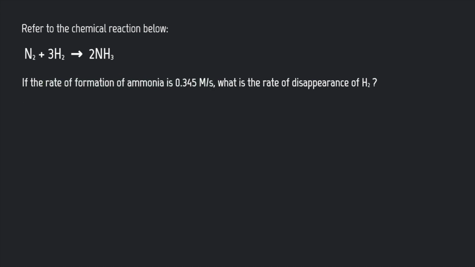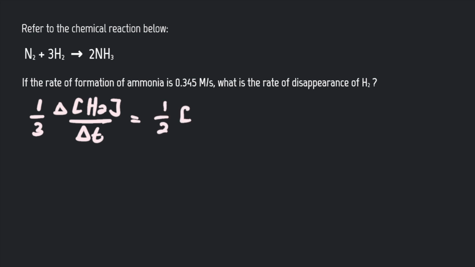So we can say that 1/3 delta concentration of H2 over delta T is equivalent to 1/2 of 0.345.